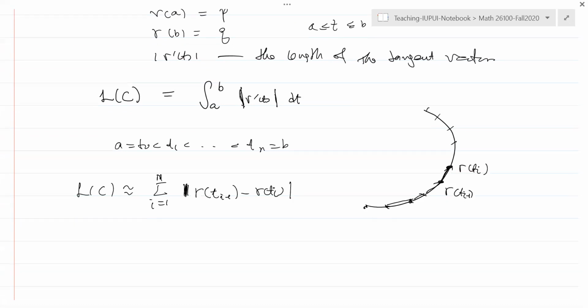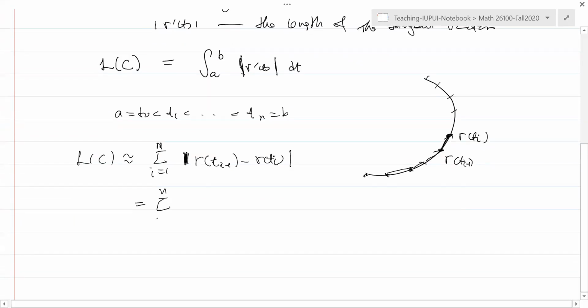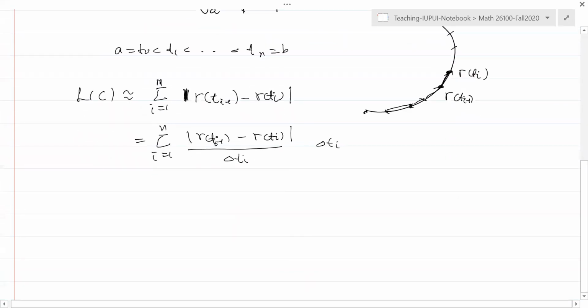And then you divide by delta t_i. Now what is delta t_i here? Delta t_i is just t_i minus t_{i-1}, the difference of these two endpoints.